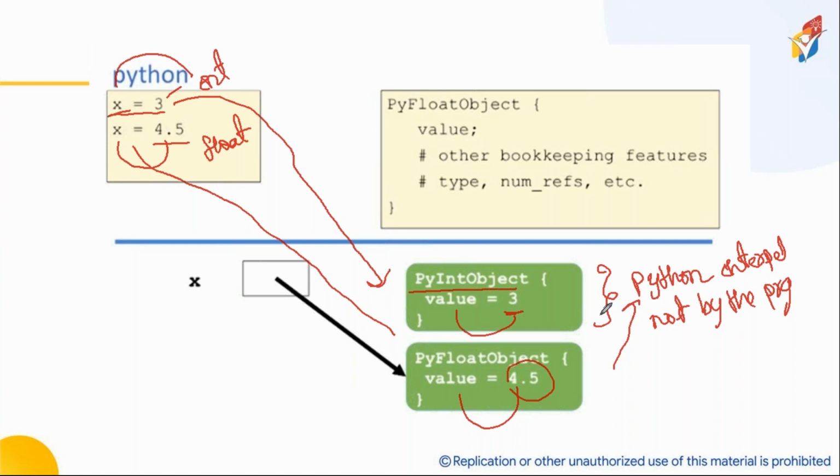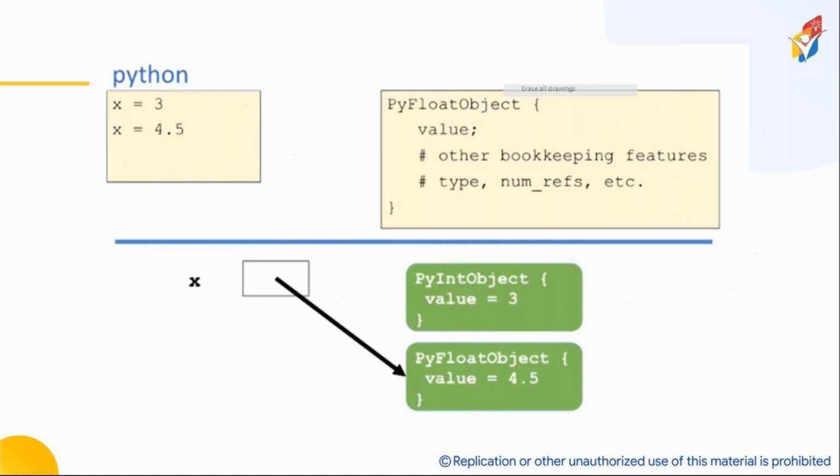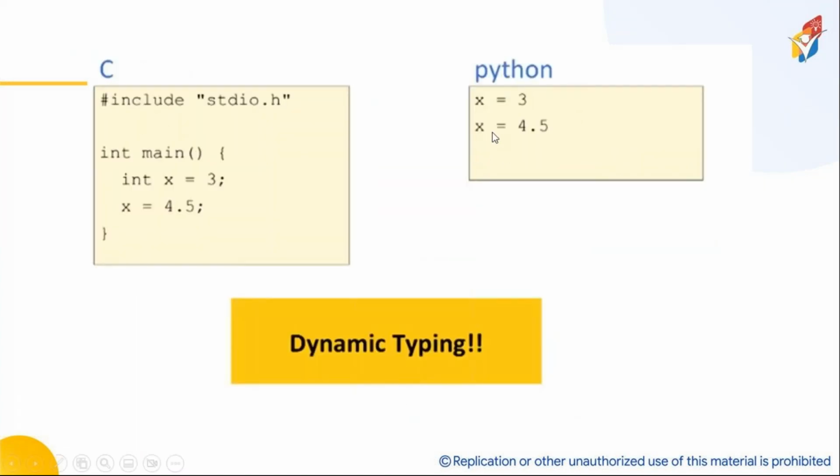That's it. Apart from assigning the value, other jobs like bookkeeping, the data type, and the number of references will all be managed by Python itself. No need for any intervention by the programmer. So will you agree how it is happening in the memory? Yesterday I told you this. This is how it happens in the memory. Now let me go back to the previous slide.